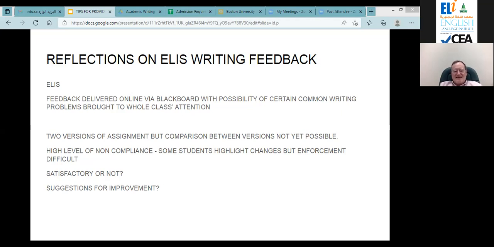We can't see that. So I've asked students to underline or highlight the corrections or the revised portions. Some students do it, some students don't. And that's problematic. I don't think it's satisfactory.